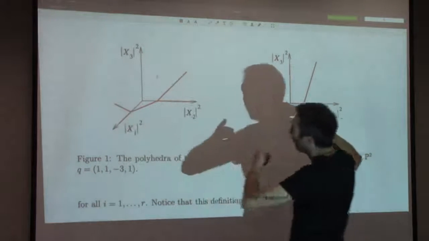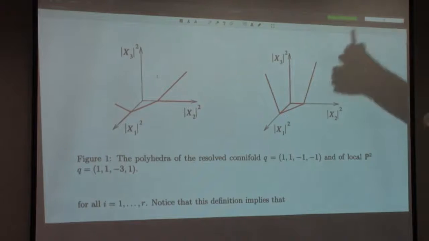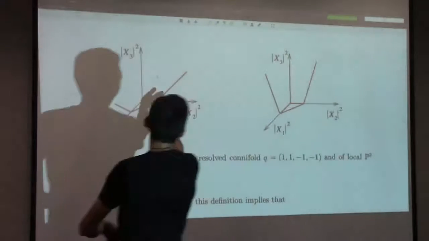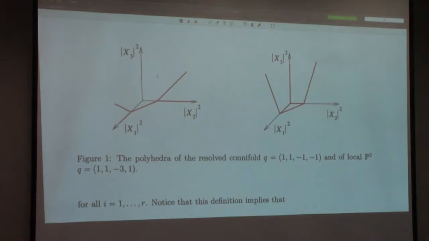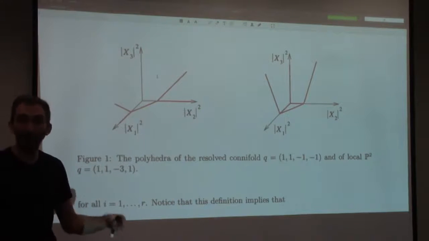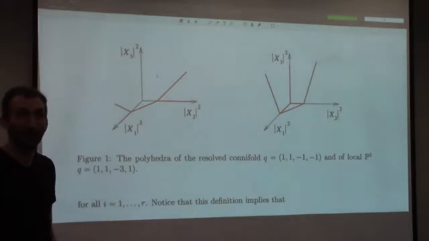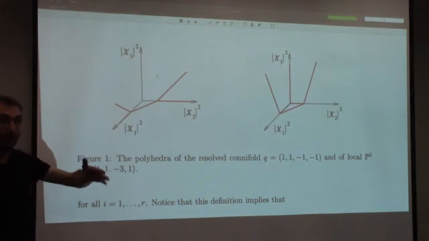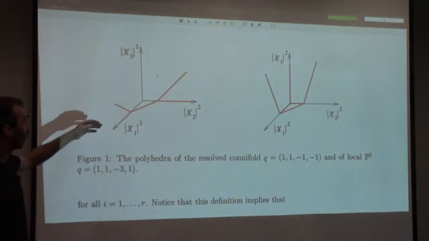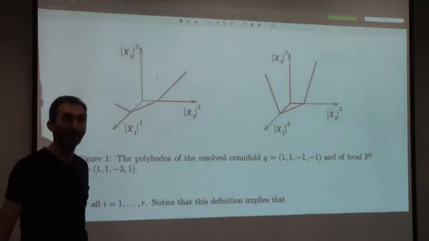In fact, only the part contained between the red lines. Everything beyond that face is excluded, because it would correspond to a modulus of x4 negative, so it cannot be obtained. So there is a polyhedron that can be obtained, and the edges of that polyhedron are what is called the toric graph.